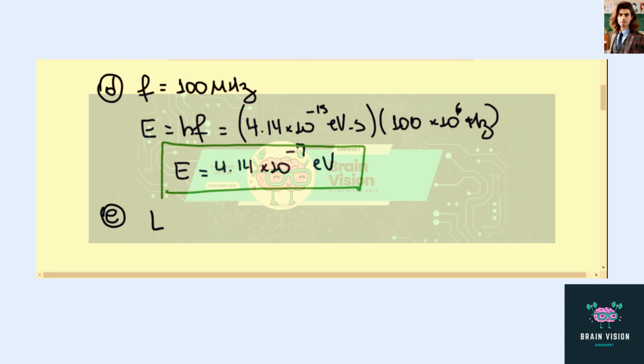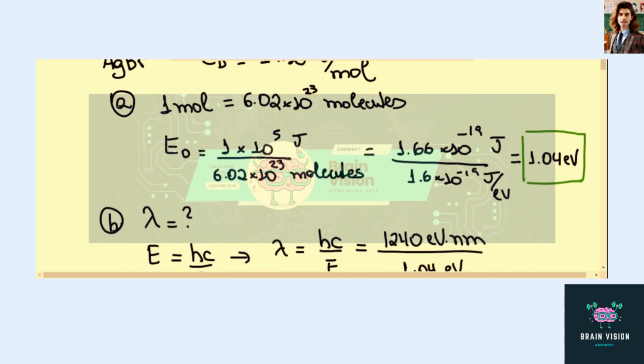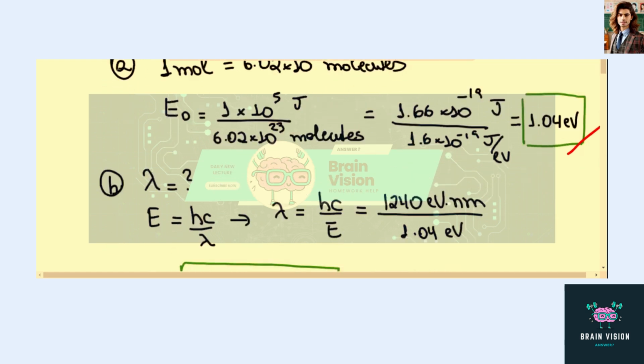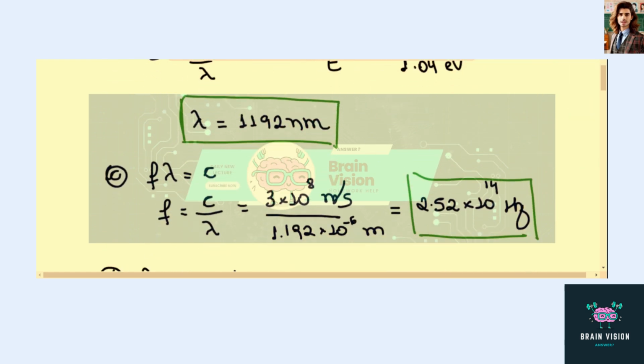Well, notice that the energy of a photon coming from a firefly is much greater than the energy coming from light that has a frequency of 100 megahertz, because the energy, as we calculated back in question D, is 4.14 times 10 to the minus 7 electron volts. And this is much smaller than the energy that we actually need in order to dissociate the molecule, which is 1.04 electron volts, as we calculated back in question A.